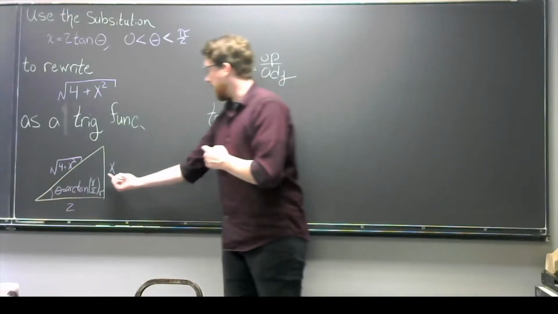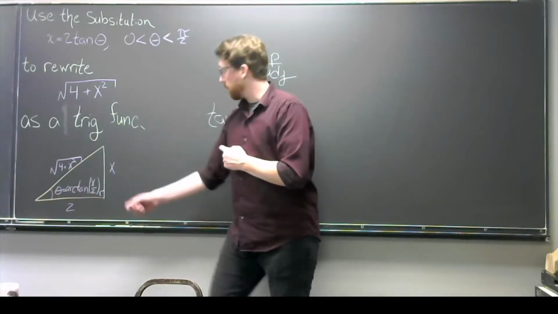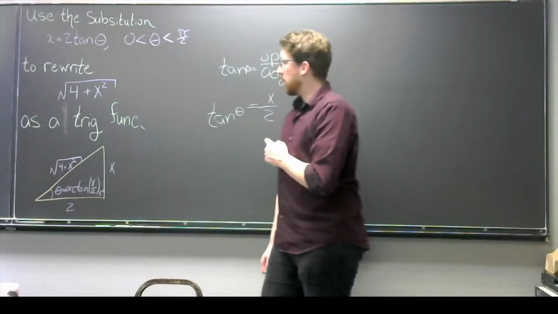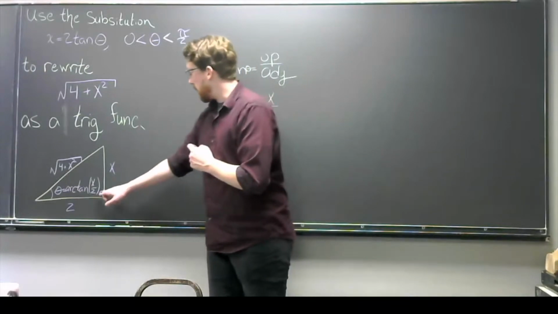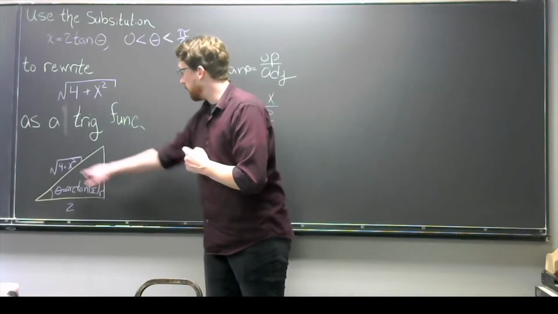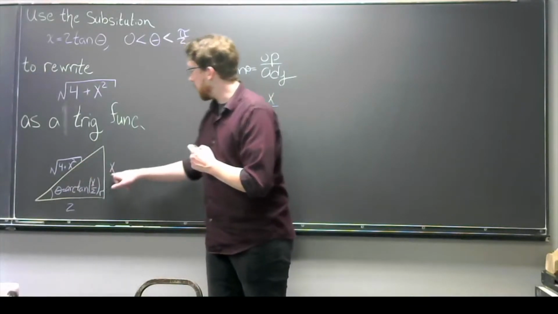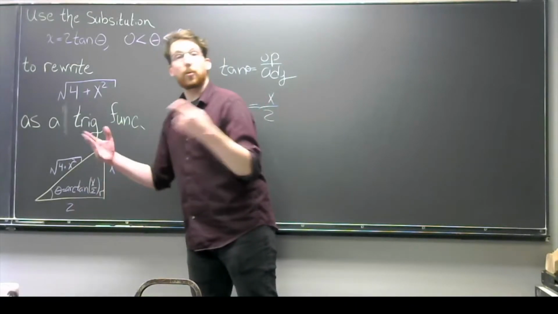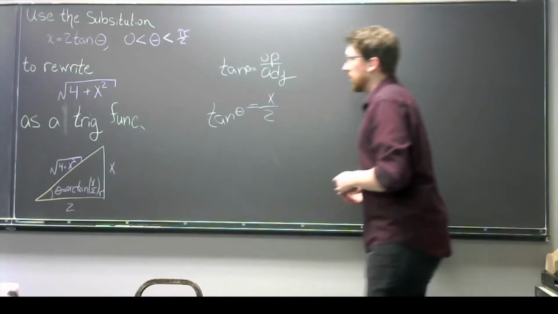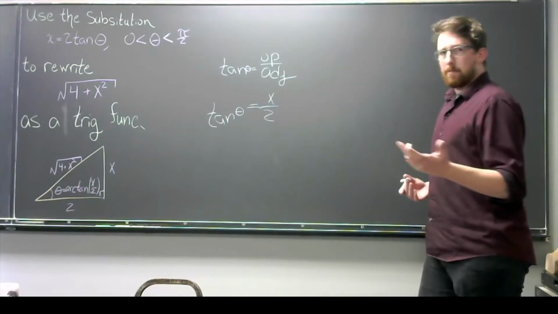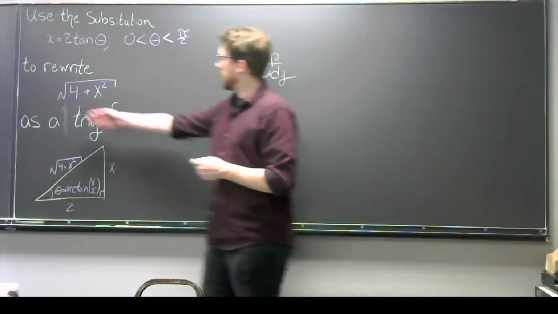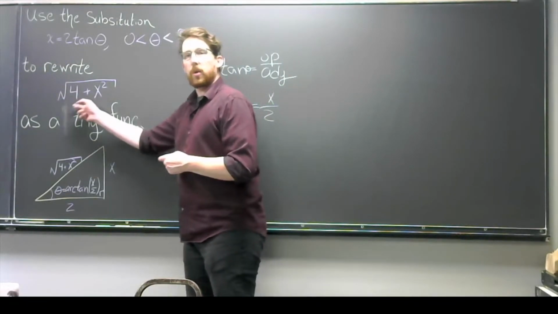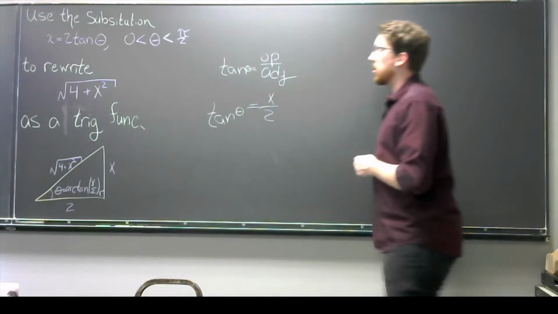So the opposite side is going to be x, the adjacent side is going to be 2, and the hypotenuse, opposite our right angle, is going to be the square root of x squared plus 2 squared. Well, if you do that, notice we end up with the expression we want to rewrite using a trig function.